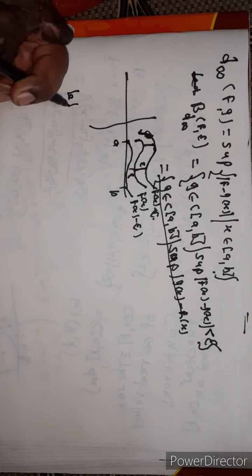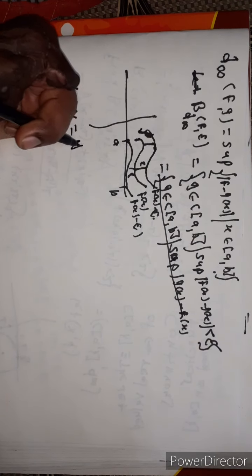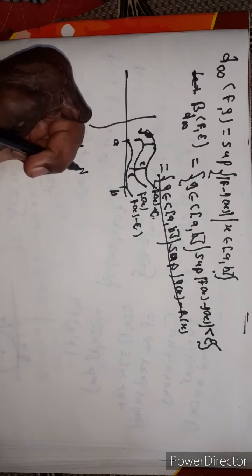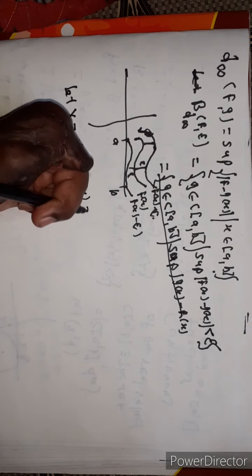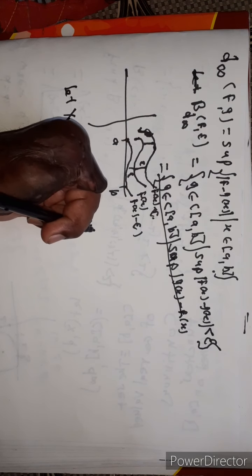Let X be equal to N, the set of natural numbers, and the distance between x and y is equal to |x minus y|.